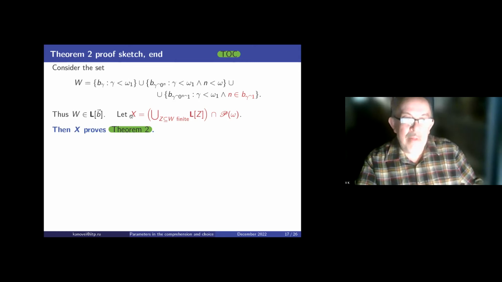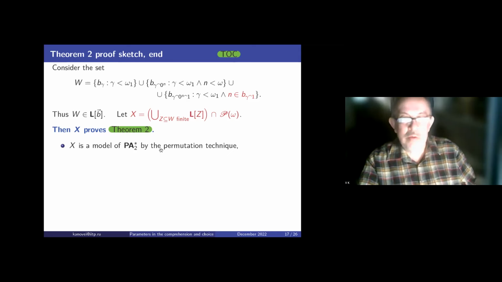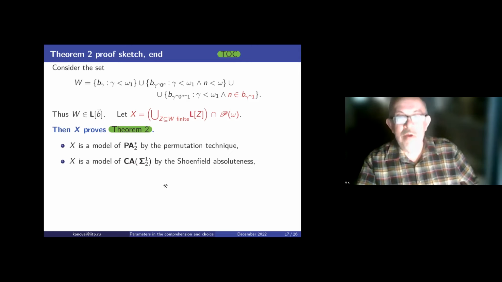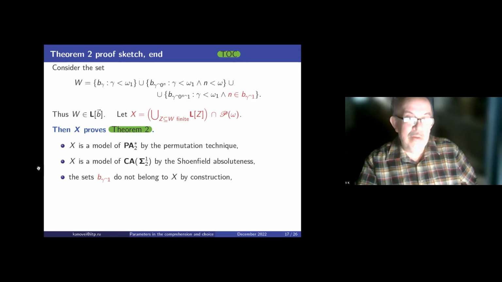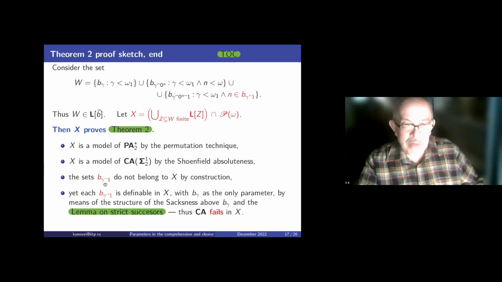And the set X proves out as follows: parameter-free comprehension holds by the Fortune permutation technique. Then comprehension for sigma 1,2 formulas holds by the Schoenfeld absoluteness, and the sets B sub gamma 1, for any gamma, do not belong by construction.